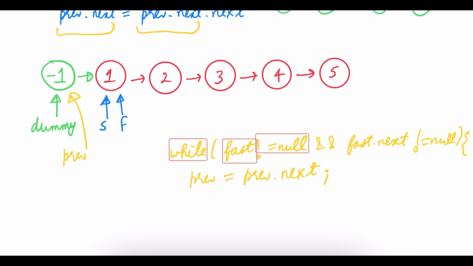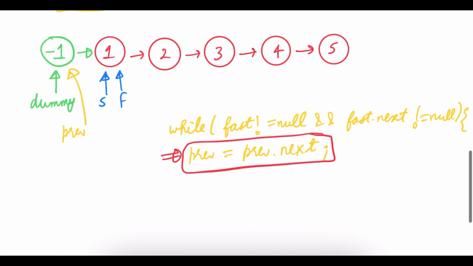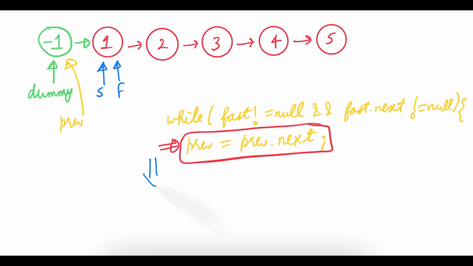So we have to update the previous pointer by one step only because it has to be always behind the slow pointer. That's why we update previous by one step. So along with incrementing slow and fast, we simply add this increment of the previous pointer, and the final state of my linked list pointers would be this.